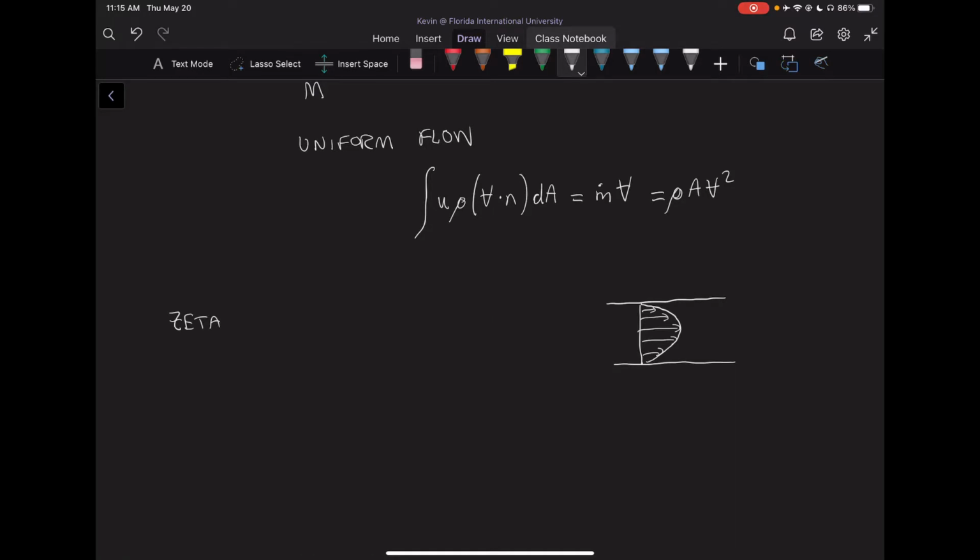Okay, and the zeta symbol looks something like this. Okay, and we can say that zeta is greater than or equal to 1, and this zeta symbol is going to account for speed variation along the section.